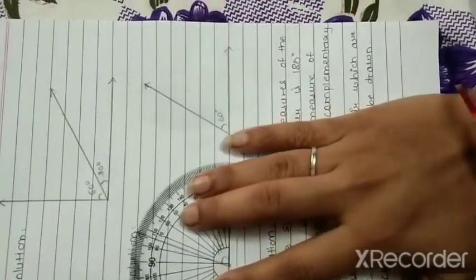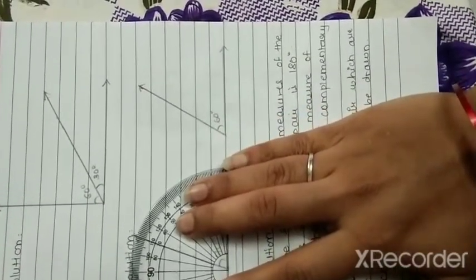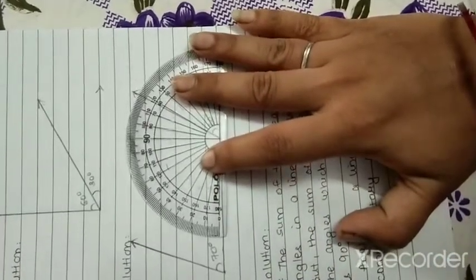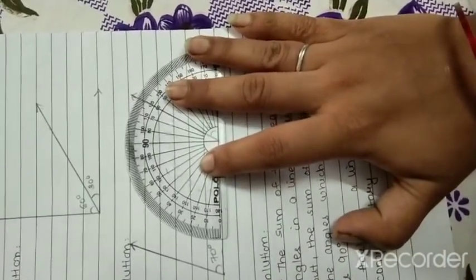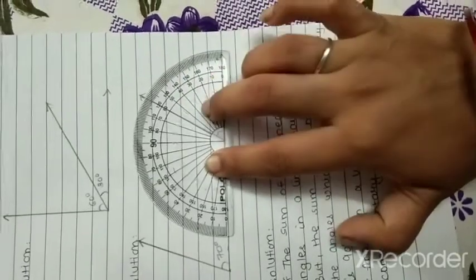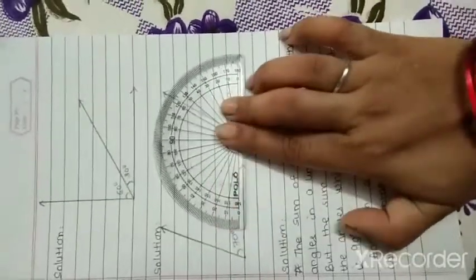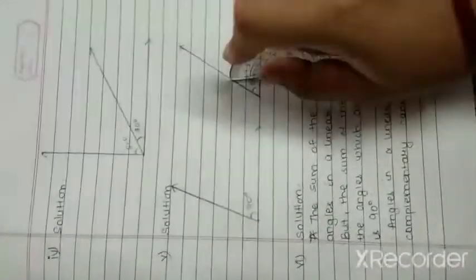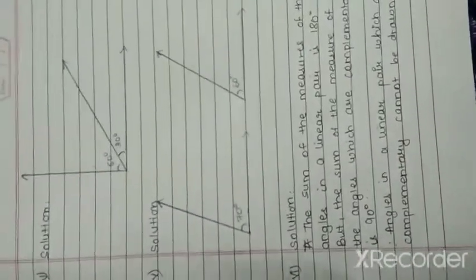So again, using the scale, I have drawn the base. Using protractor, this is 70 degree and this is 60 degree. Addition of these two gives me 130. So this is the solution for question number 5, angles which are neither complementary nor adjacent.